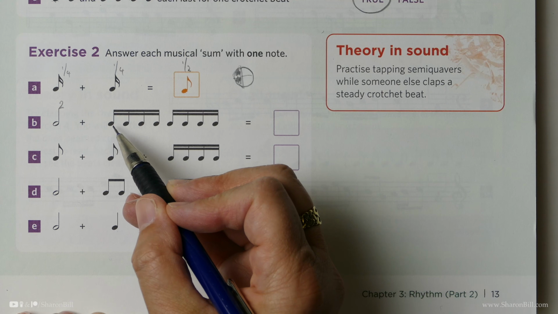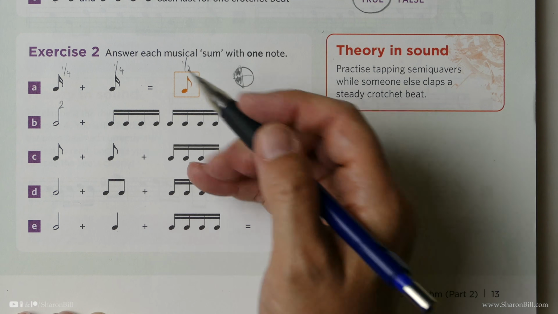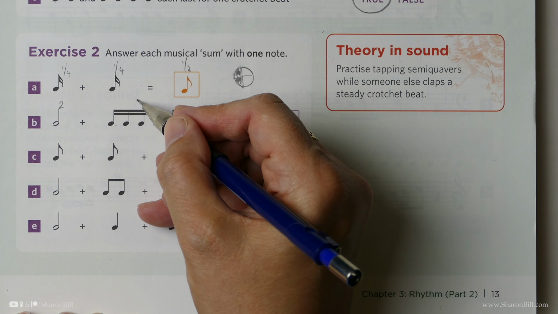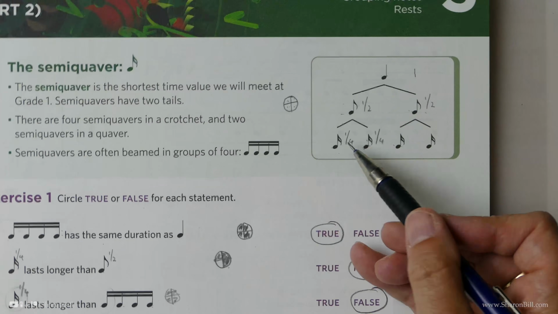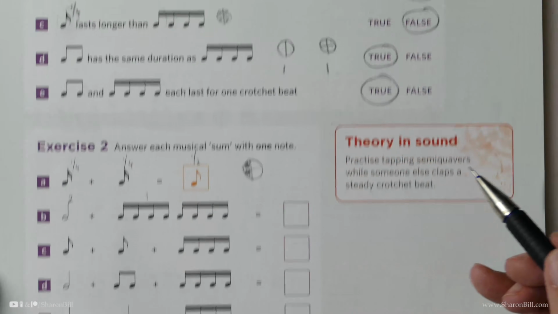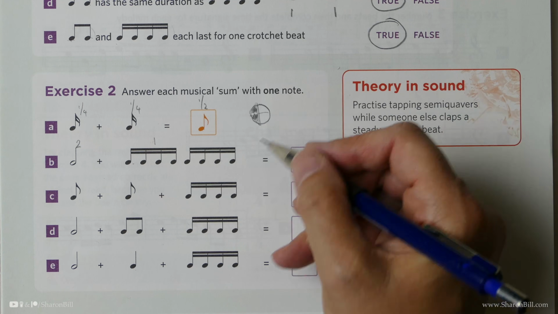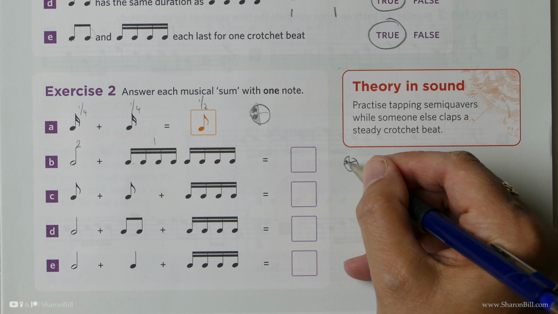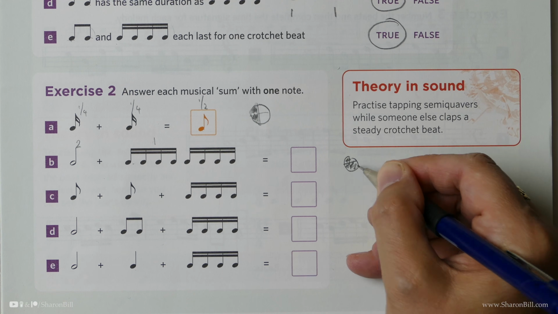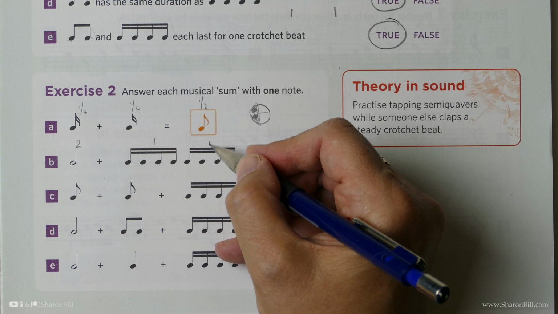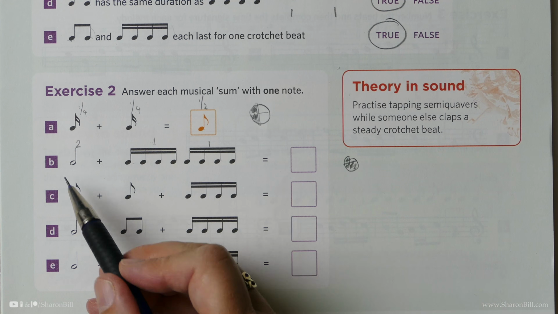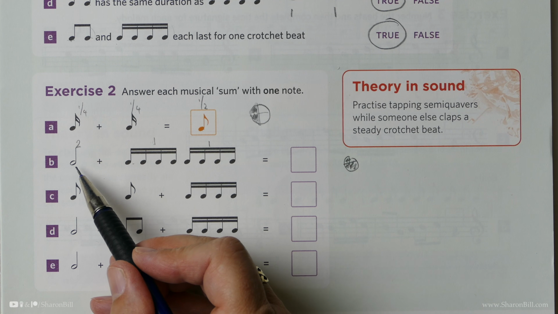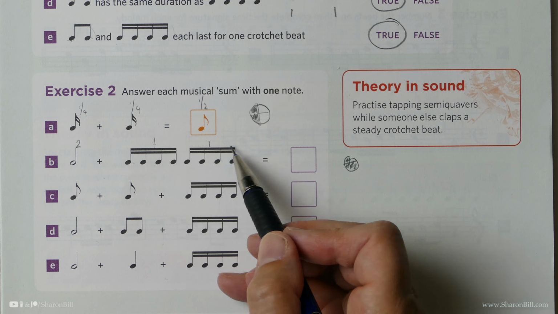And we've already worked out that 4 quarters makes a whole. 4 quarters makes a whole. And we could also diagram it out so that we can see that 4 quarters makes a whole. So there's 1 and there's 1. So we have 2 plus 1 is 3, plus 1 is 4.